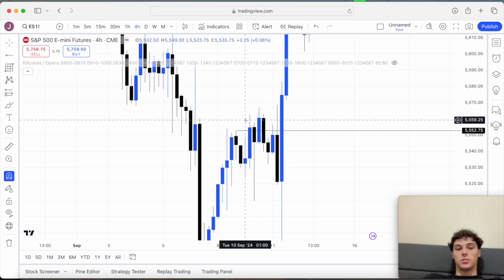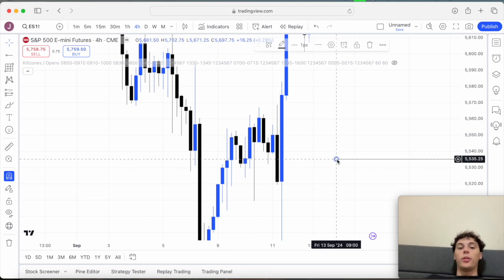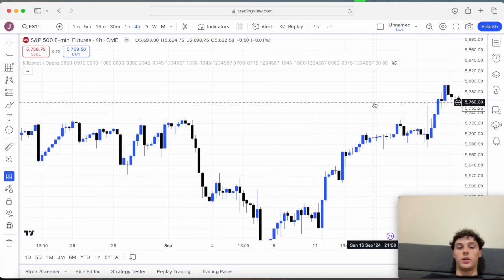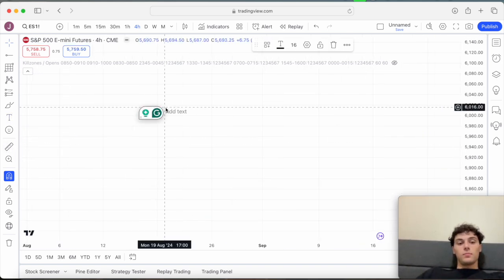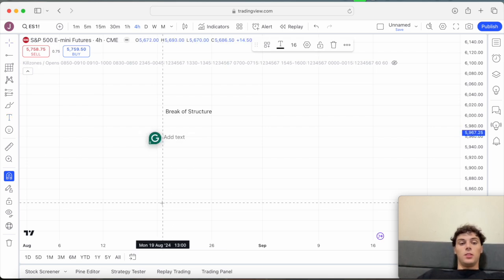So all it indicates is a break of structure in the market. But with a break of structure, I'm going to write this down. Break of structure. So a break of structure, once it breaks, has to open above the high that was made.